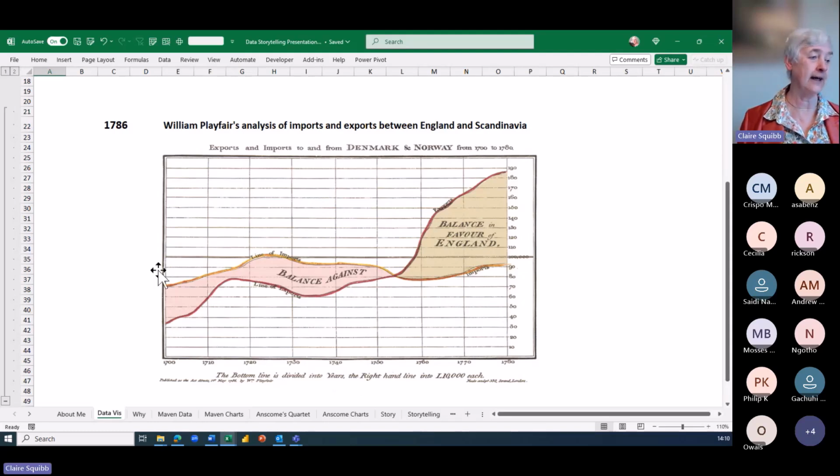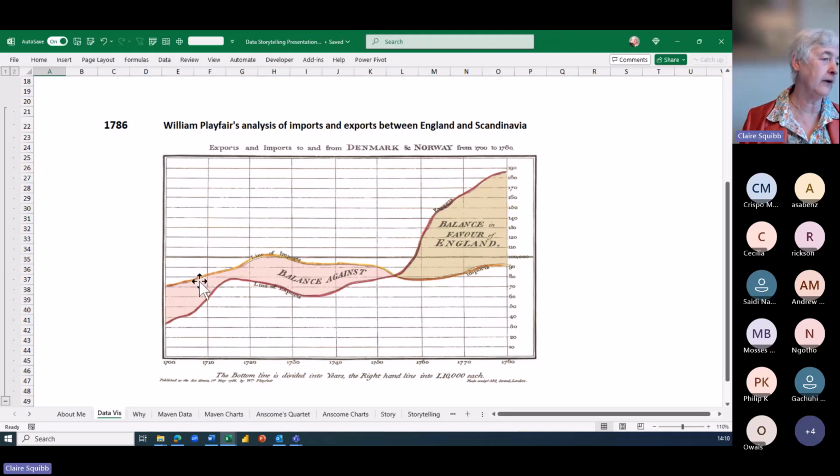It's very much the sort of chart you would see nowadays. This is one of the earliest data visualizations we're aware of. So we're talking nearly 240 years. It's been around for a long time.